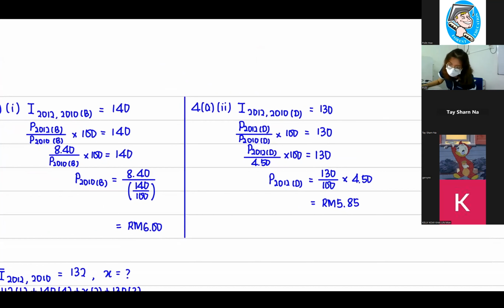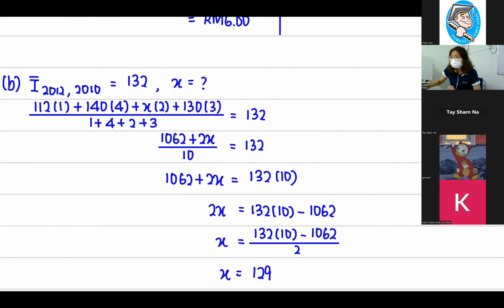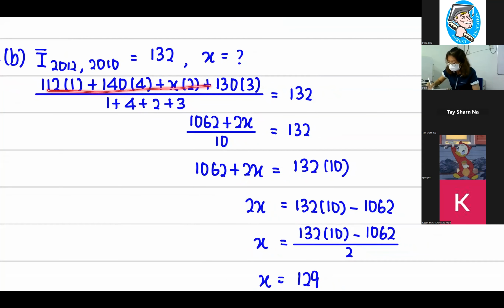Okay. Part B. The composite index for the cost of making a tin of biscuit in the year 2012 based on 2010 is 132. Find the value of X. Okay, write down everything.